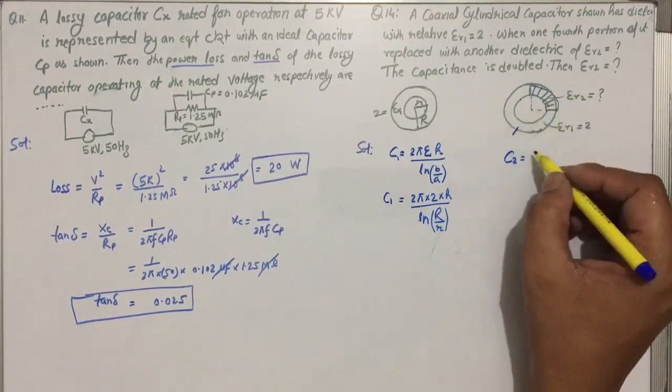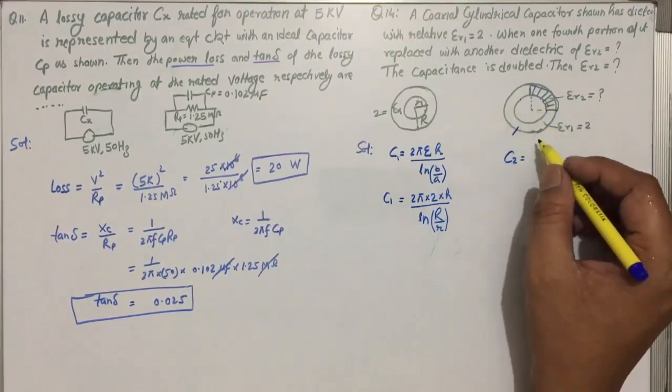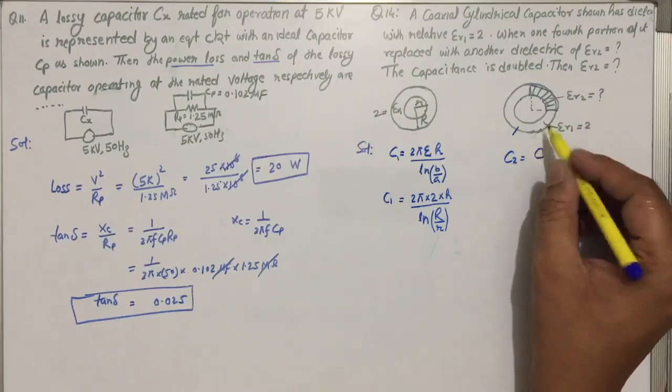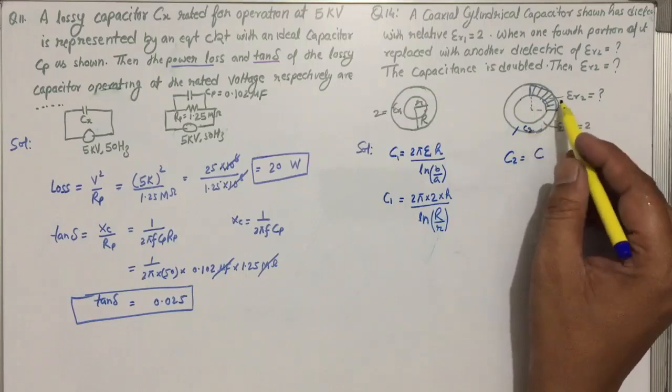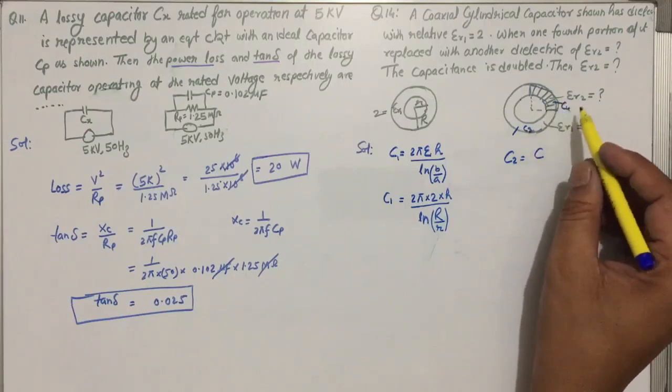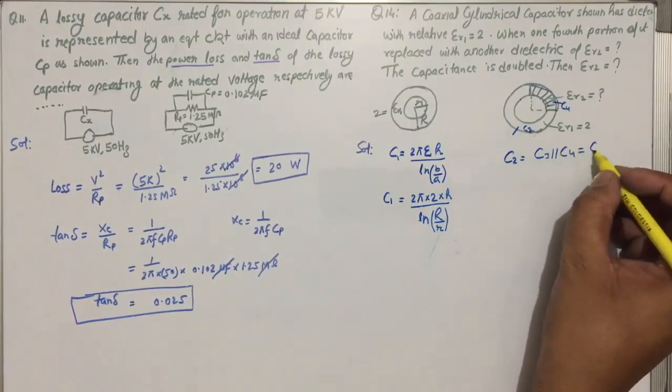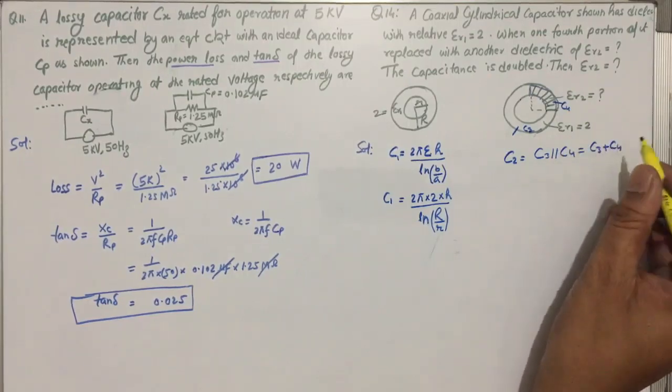For this portion it is C3, and for this portion it is C4, and C3 in parallel with C4 is simply C3 plus C4.